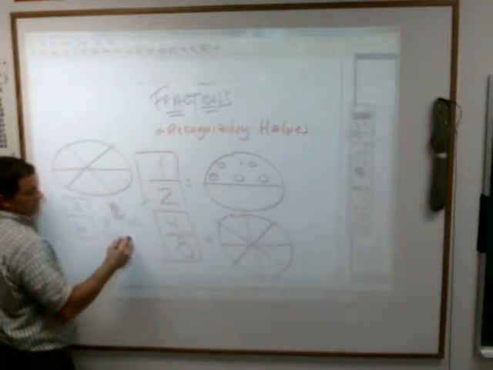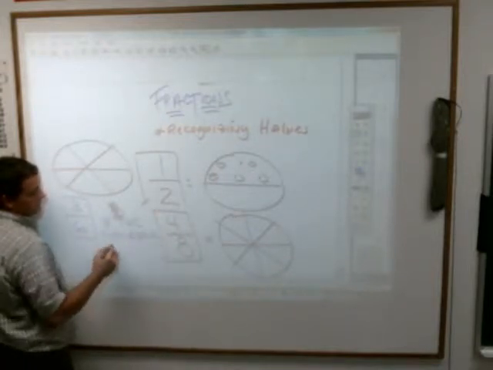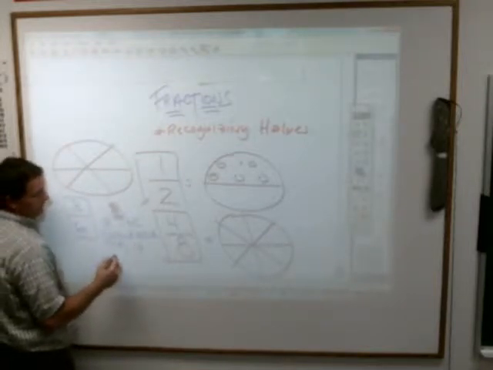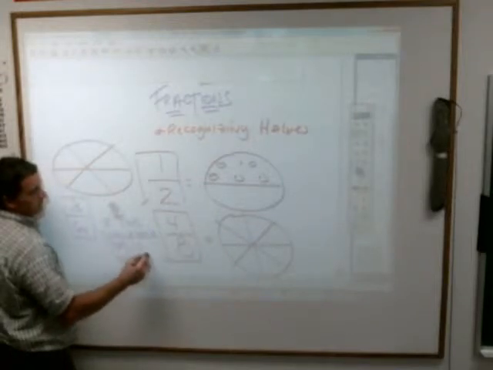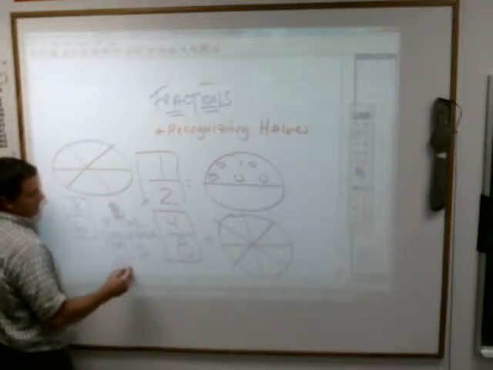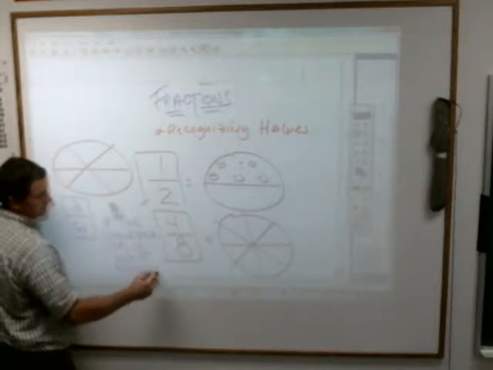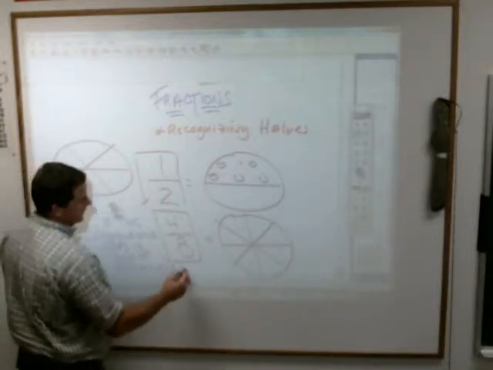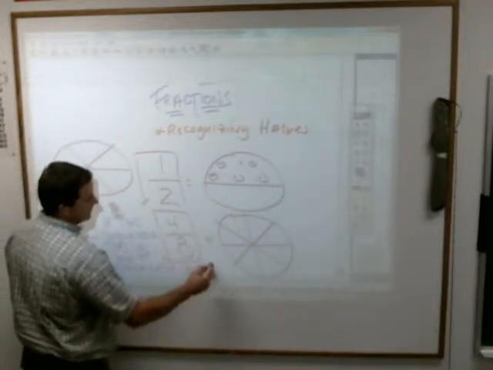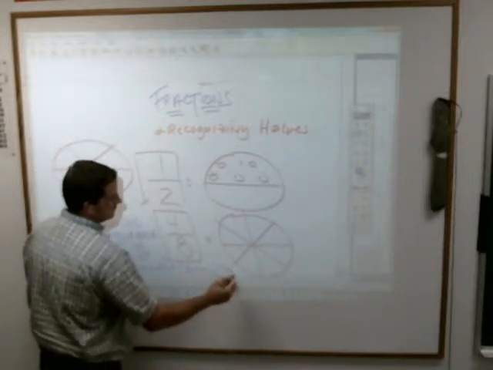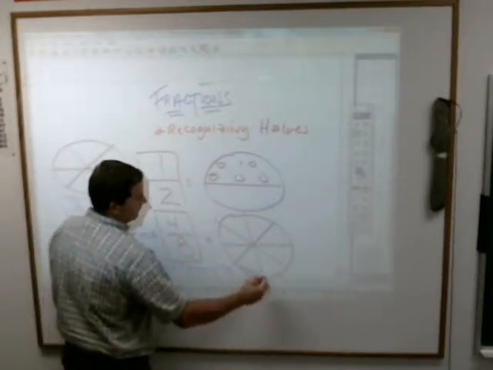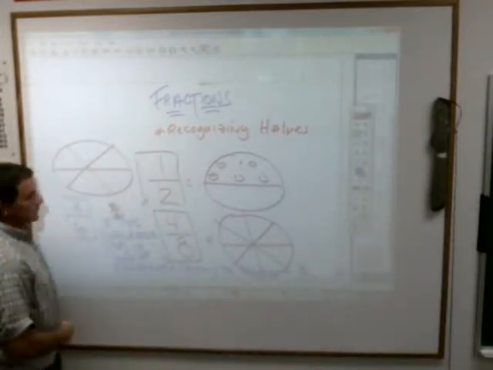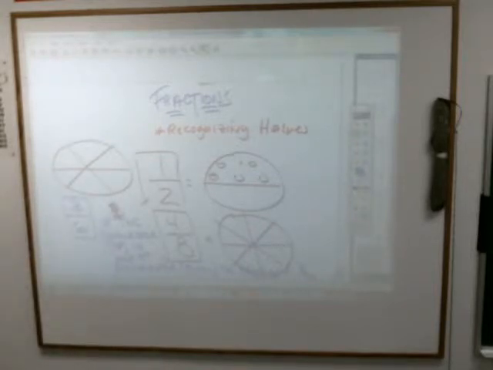If the numerator, which is the top number, is half of the denominator, which is the bottom number, that means the fraction is equal to 1/2. So it doesn't matter how big the number is.